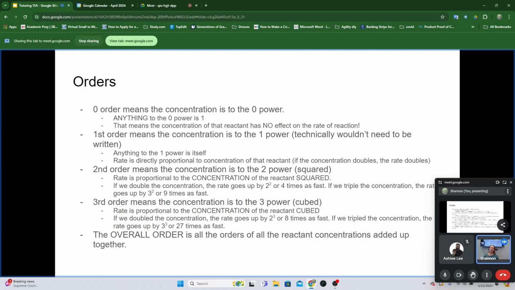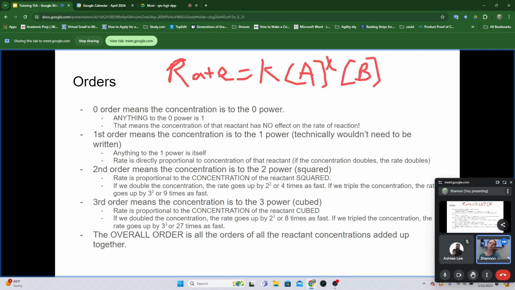So what that means is that when we put it in this, let's write this equation, rate equals K times concentration of A to the X, concentration of B to the Y. Okay, so let's look at A, okay?